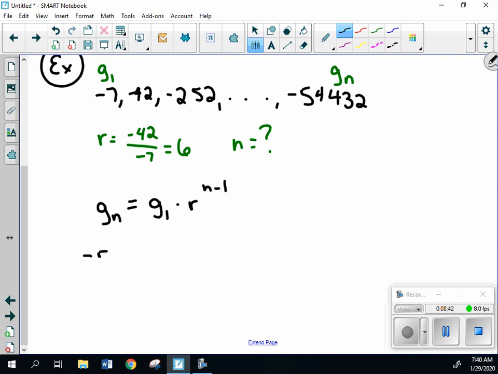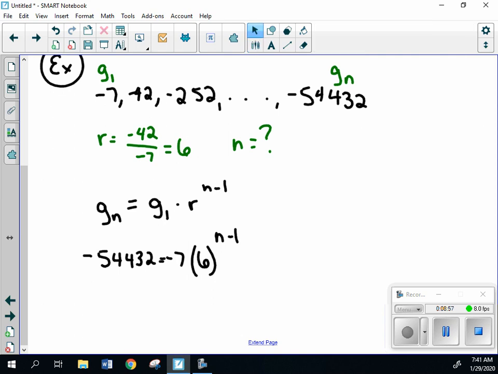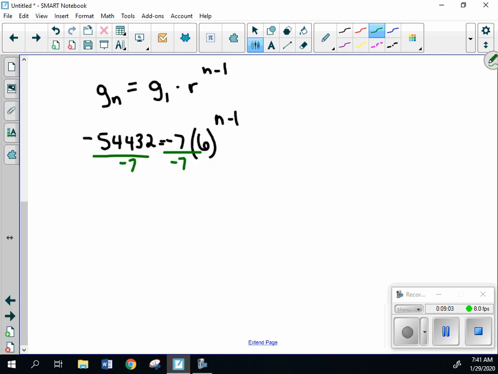So we have -54,432 equals -7 times 6 to the power of n minus 1. Now we're going to actually solve this. Algebraically, divide by that -7. When we do that, we get 7,776 equals 6 to the power of n minus 1.